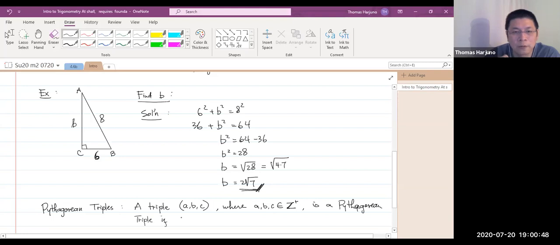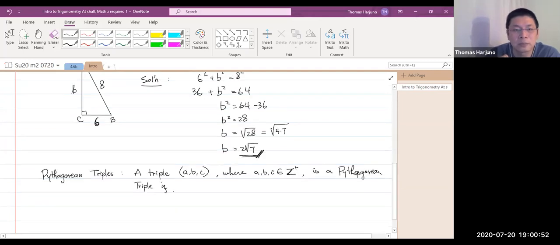if it satisfies the Pythagorean theorem, A squared plus B squared equals C squared.